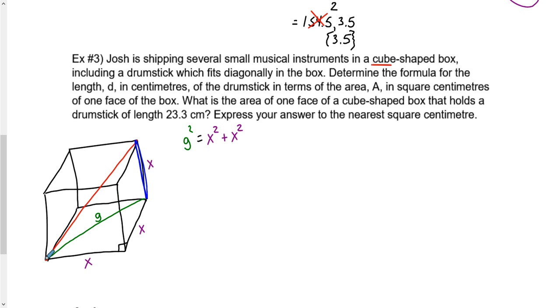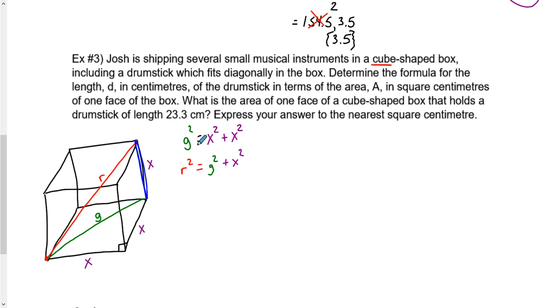Similarly, if we already know that that is x squared plus x squared, our red, so we'll call it red squared, would be g squared plus this x squared.